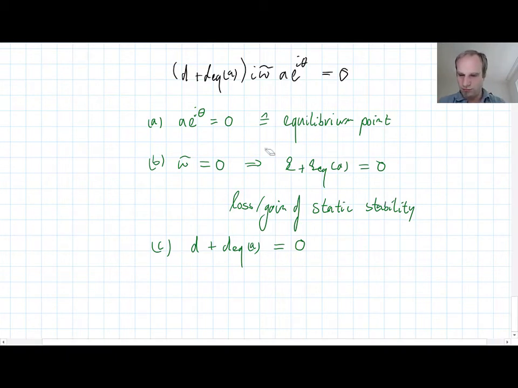This is not in accordance with what we actually assumed. So we would have linearized apparently about an unstable equilibrium position, which is not very useful. So the only possibility of these three that leads to bounded behavior, non-zero behavior, is this one.